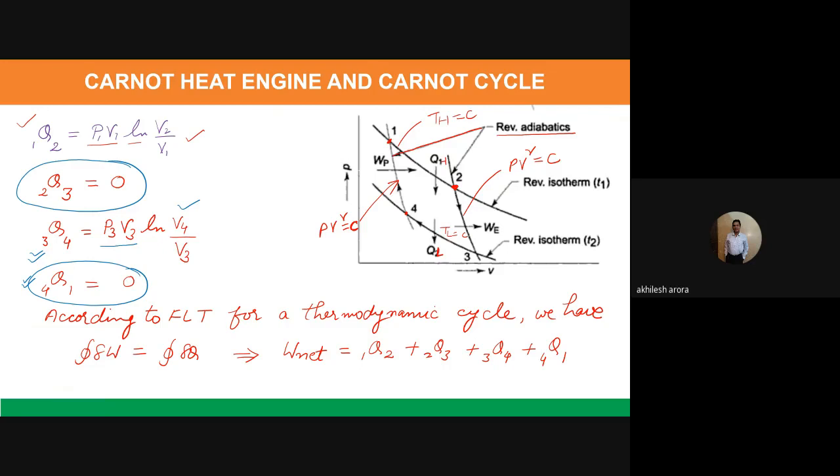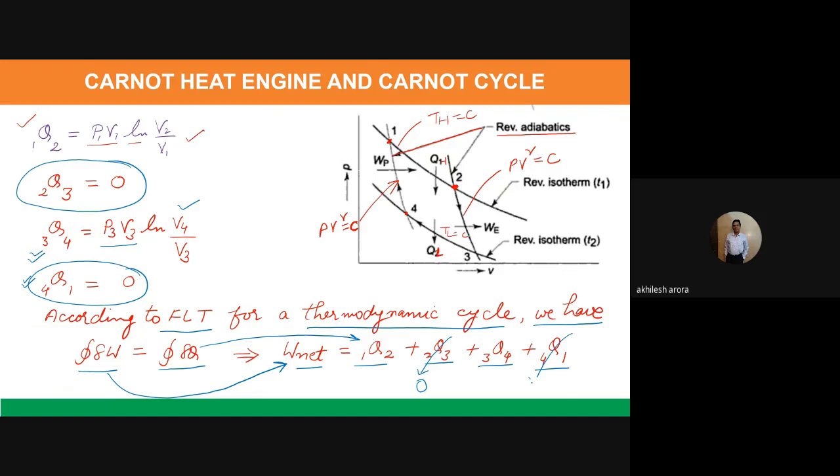So we can apply the first law of thermodynamics for the thermodynamic cycle, and we can say that cyclic integral of delta W is equal to cyclic integral of delta Q. And this cyclic integral of delta W can be written as W net, and delta Q cyclic can be written as Q1 to 2 plus Q2 to 3 plus Q3 to 4 plus Q4 to 1. And you know that this Q2 to 3 is 0 because it's an adiabatic process.